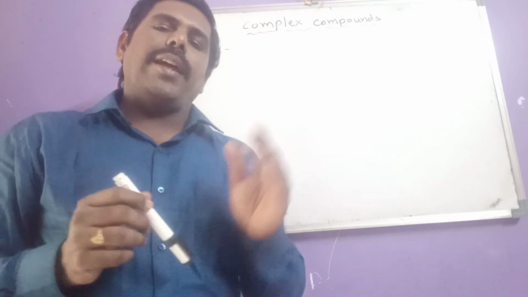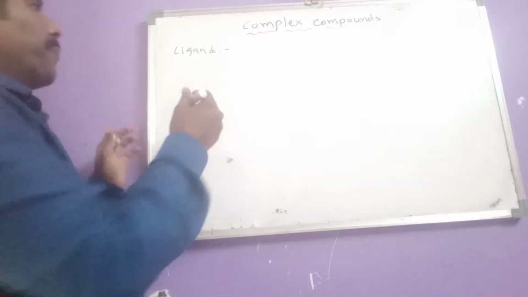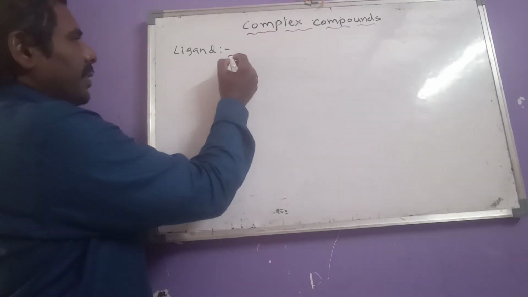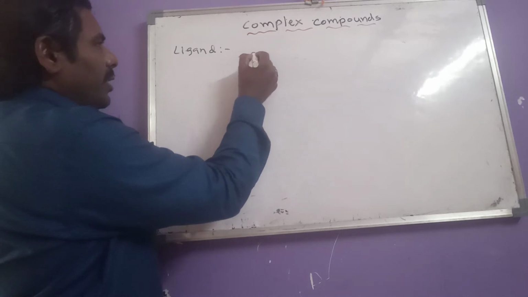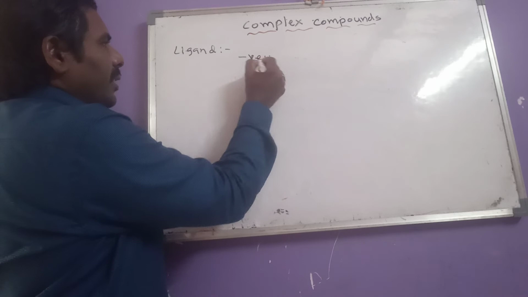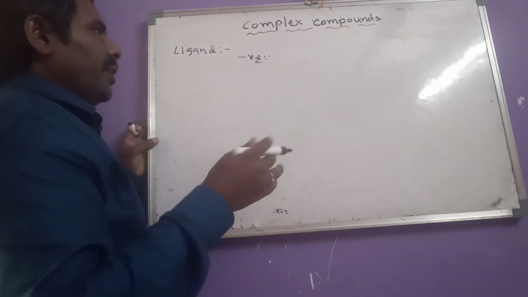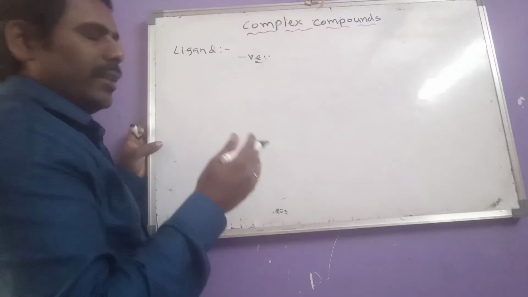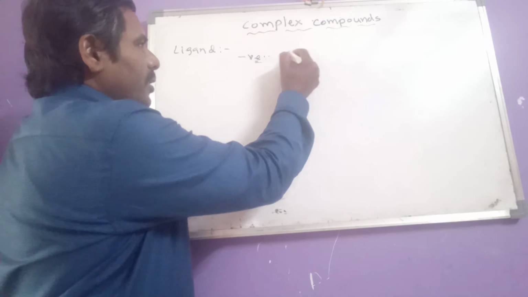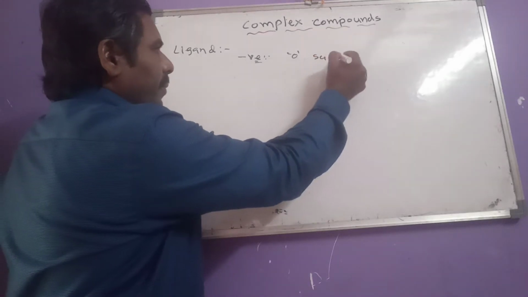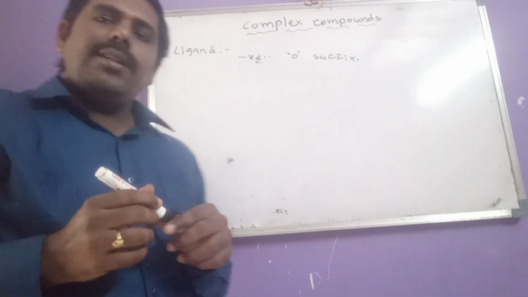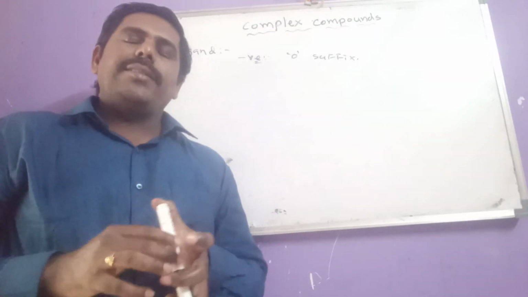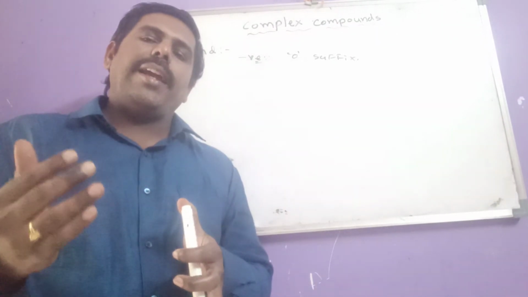How to name the ligand? For negatively charged ligands, an 'o' suffix is added to the name of the ligand.